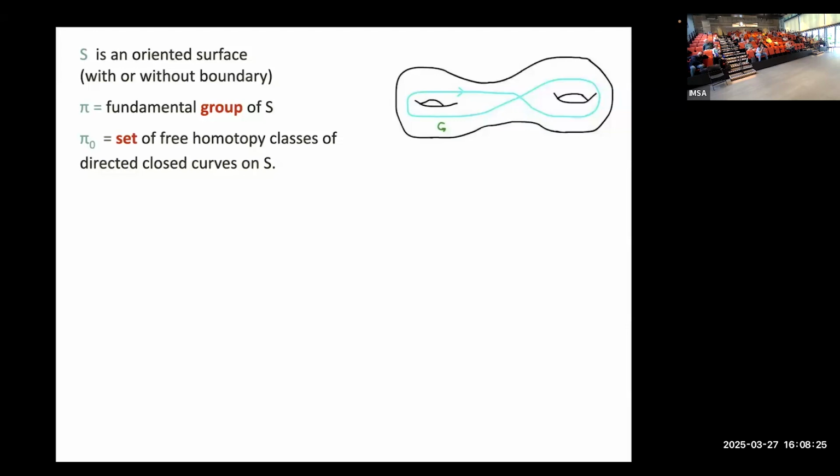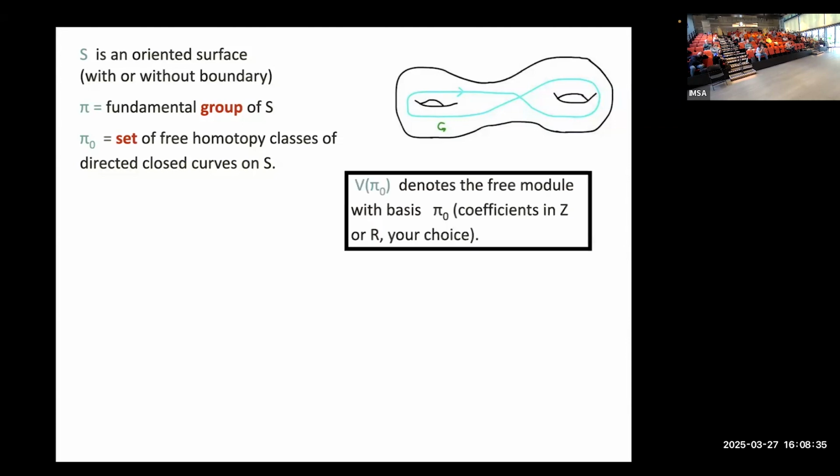And notice that I'm emphasizing it's a set of free homotopy classes. It's not a group. So now let's take a vector space. Let's just take linear combinations of elements of this set. And this is going to be our vector space. We're going to define a Lie algebra.